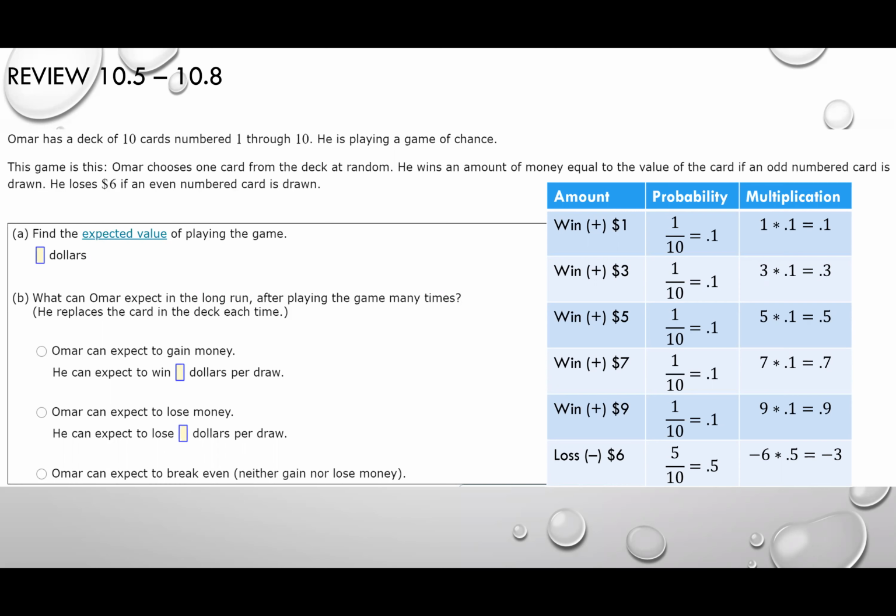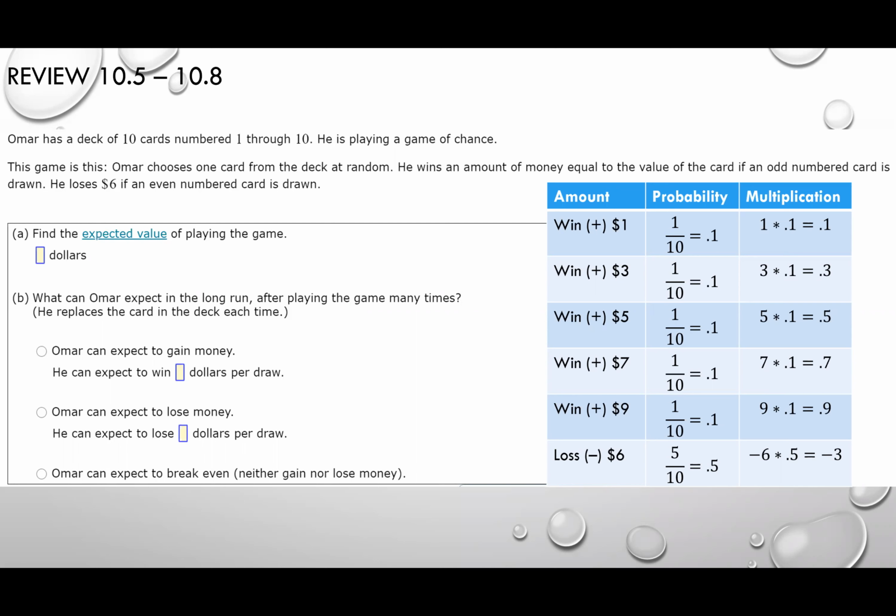He will win $1 if he draws a 1, $3 if he draws a 3, and so on and so forth. And if he draws an even number, which is a 2, a 4, a 6, an 8, or a 10, he will lose $6. Because it's a loss, we use a negative. So in this table we have 1, 3, 5, 7, 9, and -6, which is the loss.